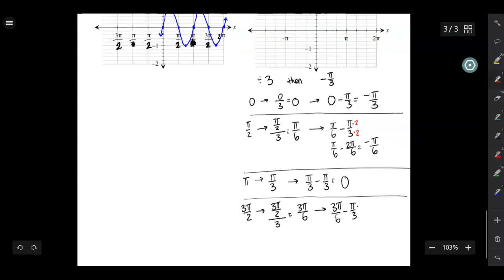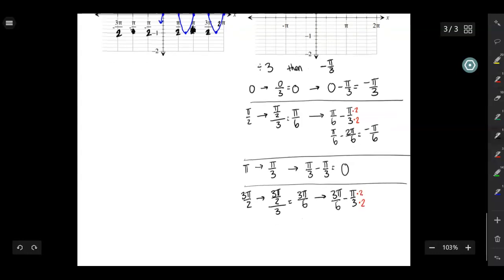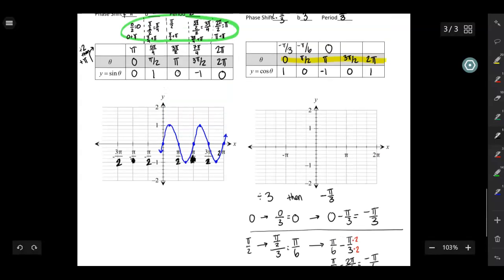Again, I need a common denominator, so I am going to change those thirds into sixths to get 3 pi over 6 minus 2 pi over 6, which is equal to 1 pi over 6. So that is my new x value here.